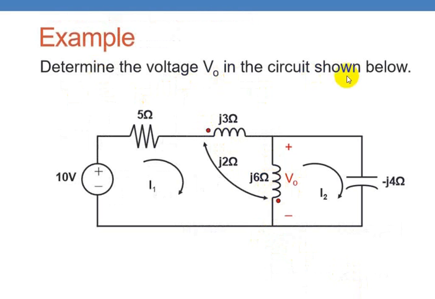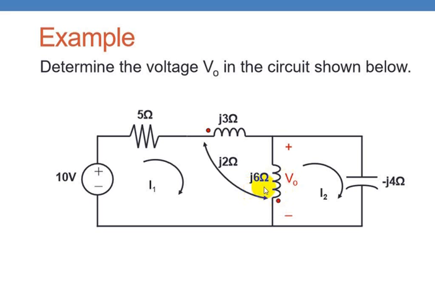Next, determine the voltage V0 in the circuit shown in the figure below. So this is the circuit given here. These two are coupled coils, and the reactance of the mutual inductance is given as j2 ohms. You are asked to find the polarity across this. So now what you do, as usual, find out I1, I2. Then for the given polarity, the voltage across this will be equal to I1 minus I2 into j6, plus the drop in the mutual inductance for this inductance.